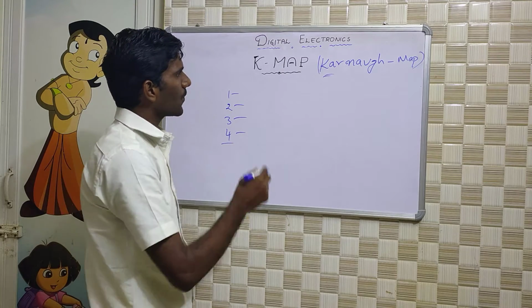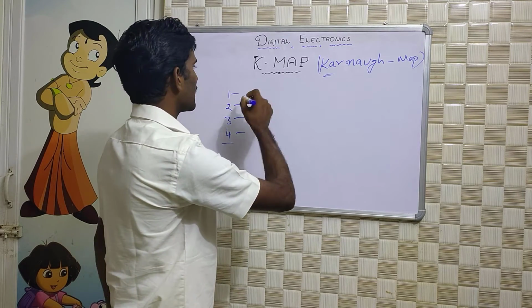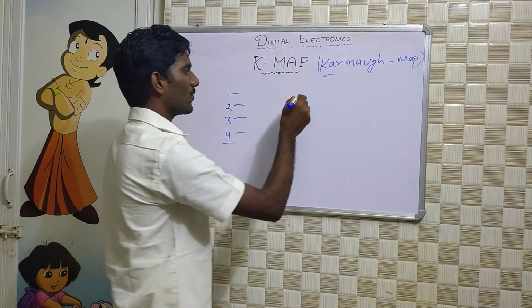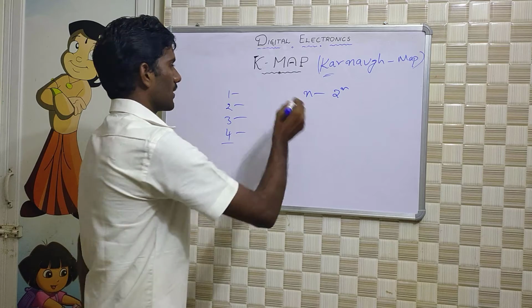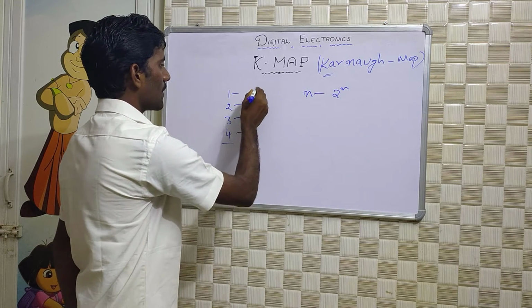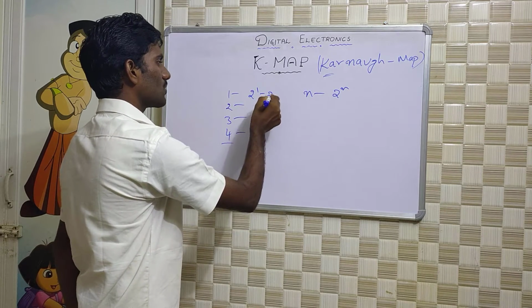The number of cells is based on the variables. For n variables there will be 2 power n cells. So for one variable, the number of cells will be 2 power 1, that is 2.